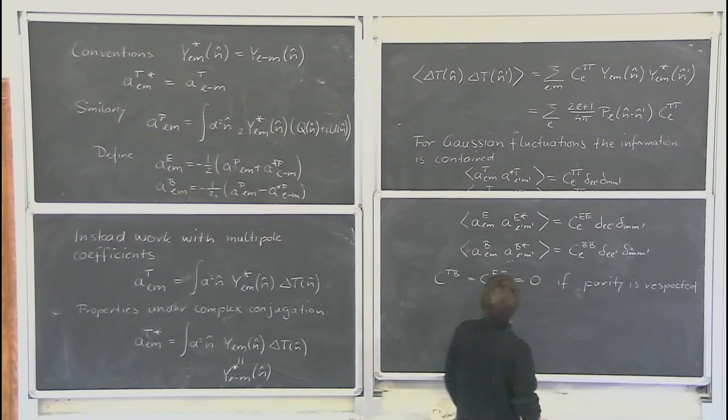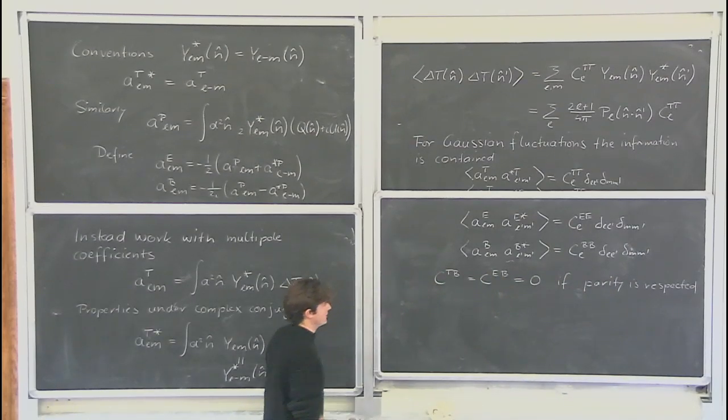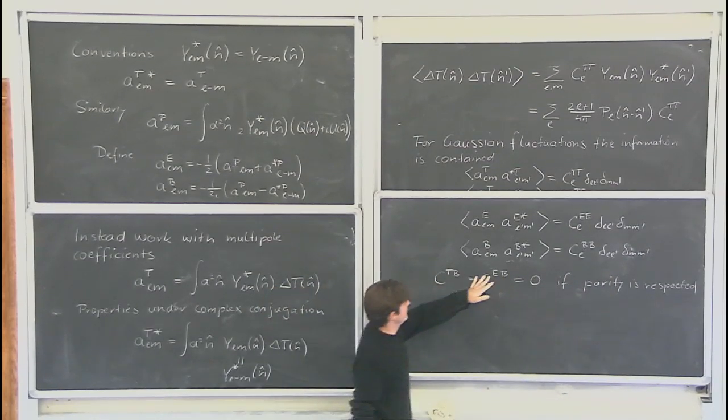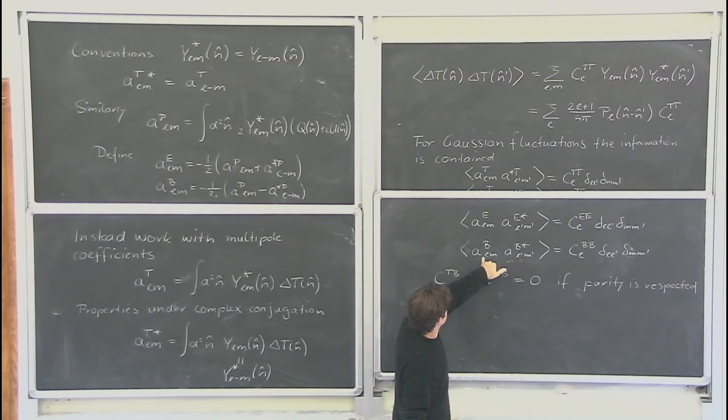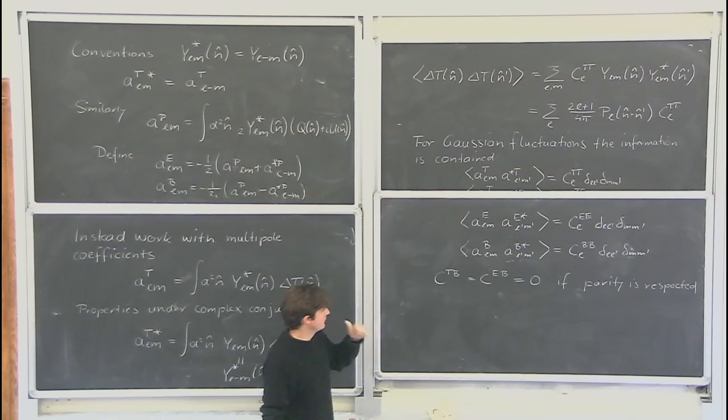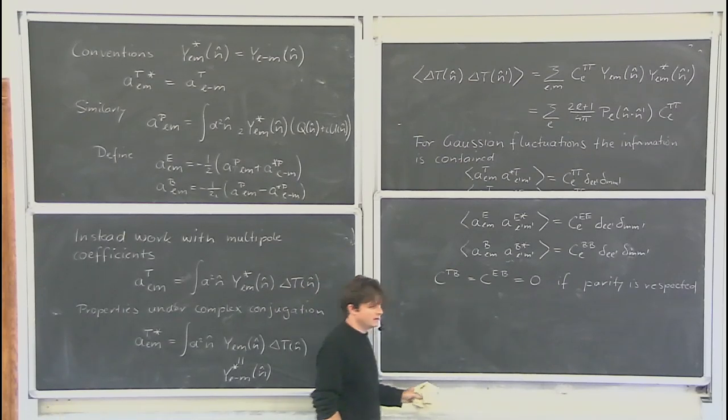And you can see this right away from the transformation properties that I just erased. So under parity, you get a (-1)^l for T and E, and (-1)^{l+1} for B. So whenever there's a single B, it goes to minus itself, which means it has to vanish.